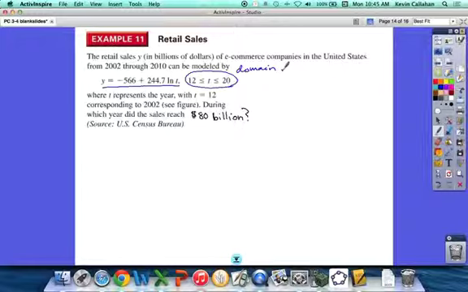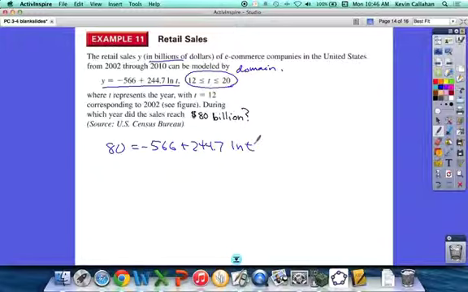Y is telling you the amount of money as a function of how many years, right? So we're going to go 80 billion. Are these in billions? In billions. So 80 billion equals negative 566 plus 244.7 ln of t.